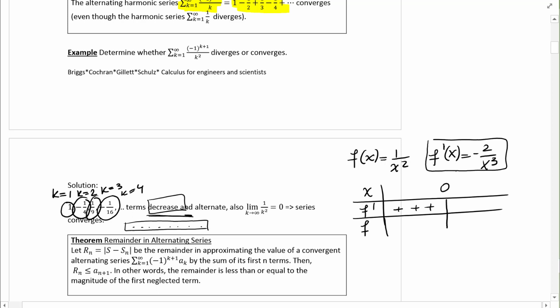If we give a value to the right of 0, like 1, we get negative. What does that tell us? It tells us that the function is increasing and then it's decreasing. So basically, for values that are positive, right here in this region, our terms are decreasing.